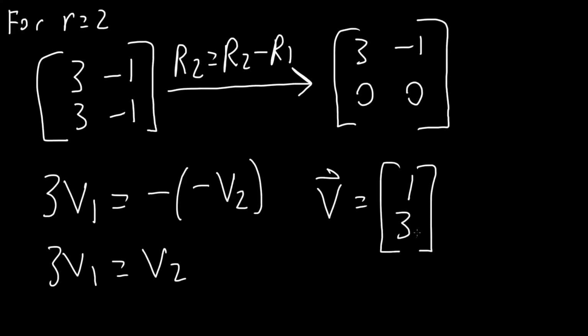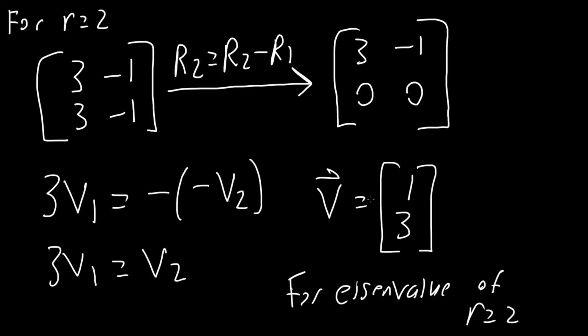This occurs for the eigenvalue r is equal to 2. So this is one eigenvector for the eigenvalue r equal to 2. I'll box this one. But we have another one since we had two eigenvalues.